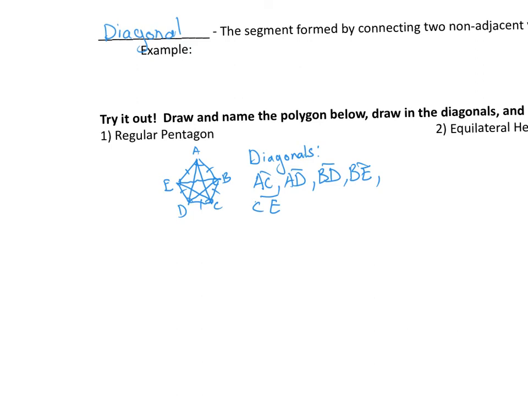There's 1, 2, 3, 4, should be 5 diagonals, I think. Should have A twice, should have B twice, should have C twice, should have D twice, and should have E twice. There we go, all of our diagonals. And I'm just going to name this pentagon ABCDE, and that's how we would name it.